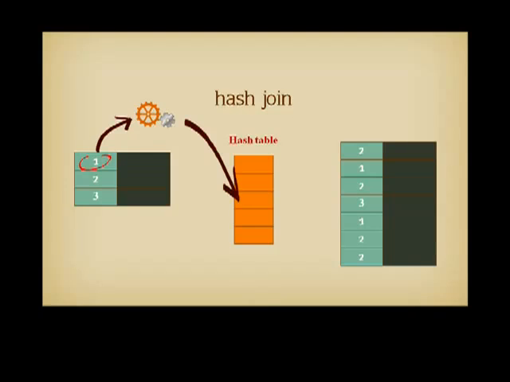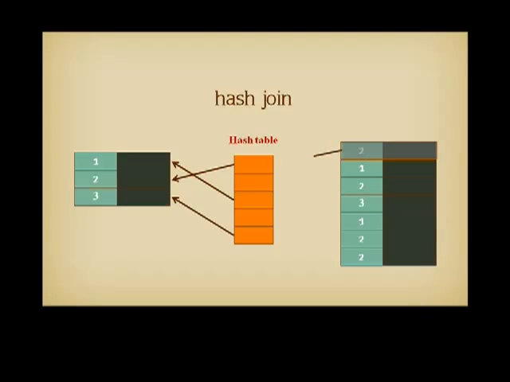A special function, called the hash function, applied to the key, associates each key to a position in the array. The smallest table is scanned first, and the hash table is populated with pointers to the rows that match each key. Then, the second table is scanned only once, the function directs us to the proper slot in the hash table, and from there, you find the pointers to the matching rows.